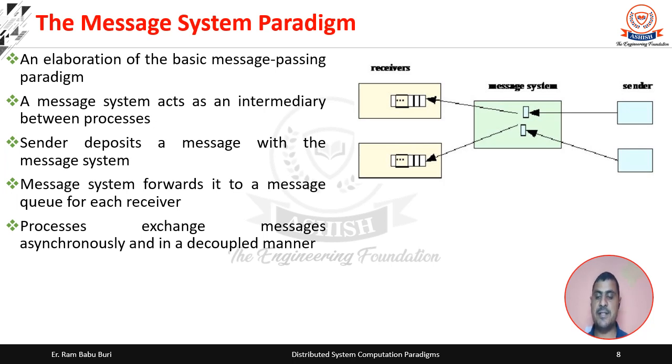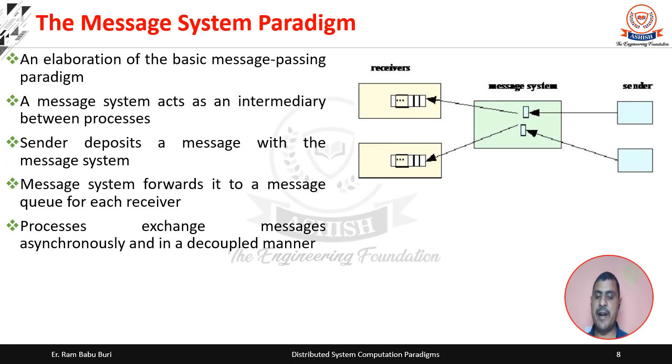The sender process sends a message to the message system. The message system then forwards the message to a message queue that is associated with each receiver process. The receiver process can then retrieve the message from its message queue at its convenience.